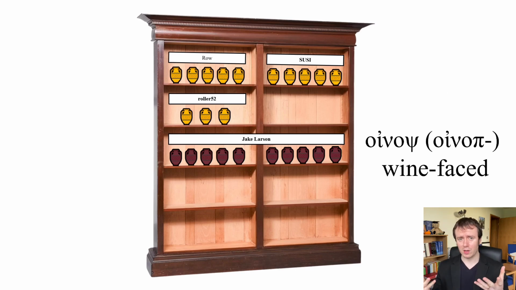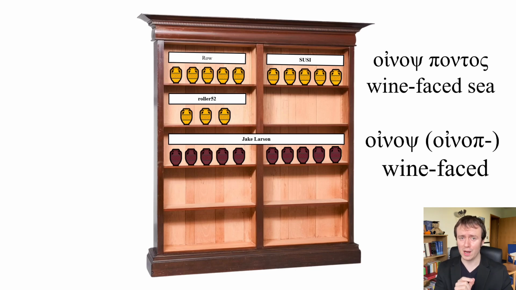So in Homer, you can see oinops pontos, meaning literally the wine-faced sea. And Jake says that he has always puzzled at the term wine-faced. And Jake, that is very understandable, as scholars are still uncertain and still argue about what this term means exactly.